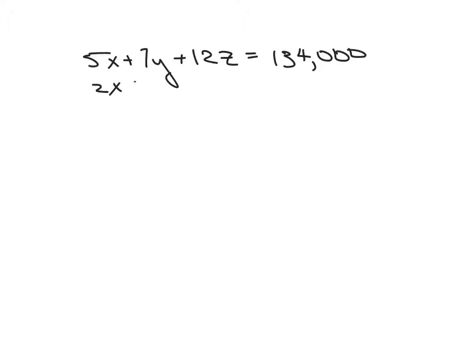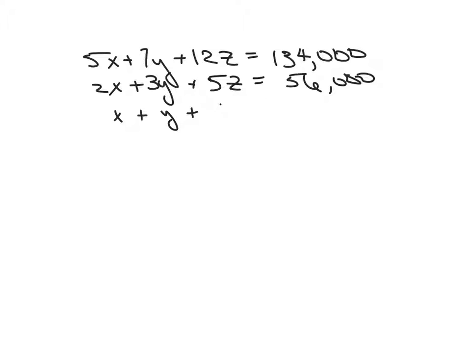So 2x plus 3y plus 5z equals 56,000. And my last one is x plus y plus z equals 14,000.